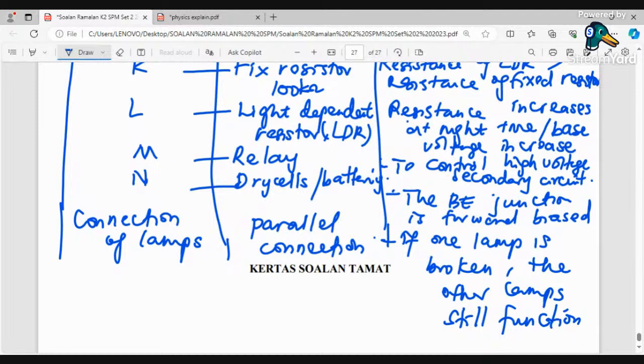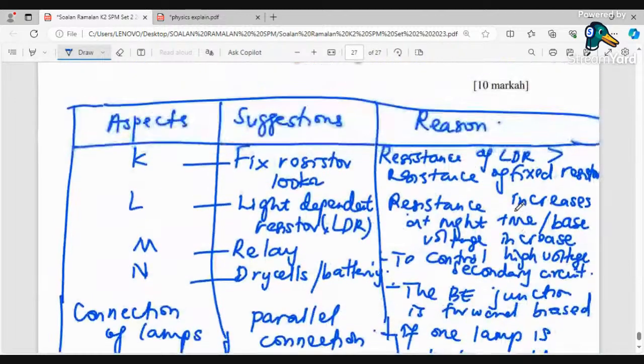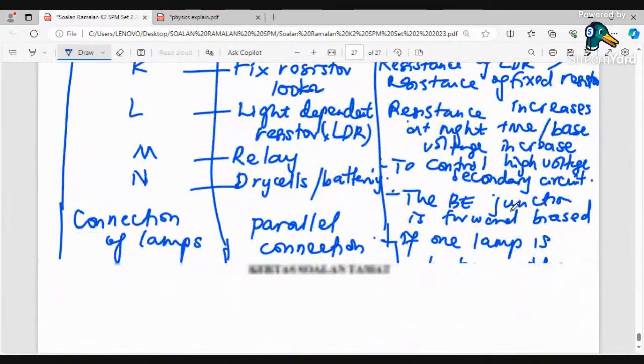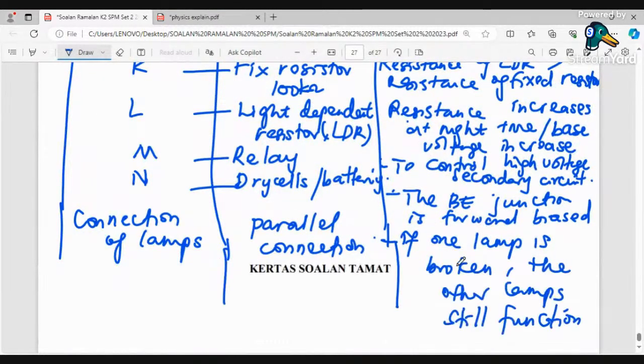Okay, lamp dia tu. Okay, ni saya tulis tak berapa lengkap. Ni you tulis yang lebih jelas lah lebih jelas di atas kertas supaya nampak lebih baik jawapan dia.